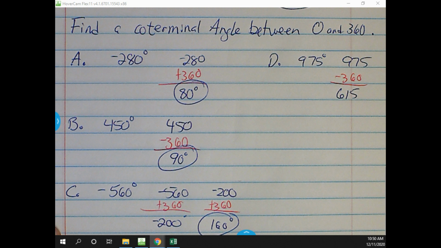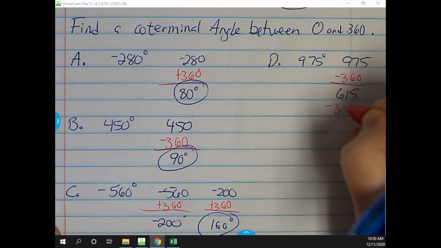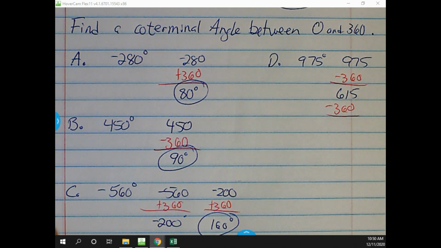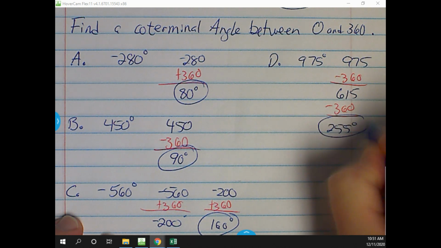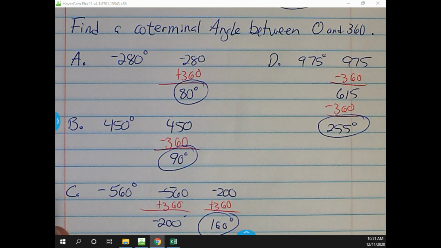It's not between 0 and 360, so we'll do it again. That comes out to be 255, and that is between 0 and 360, so then we're good to go. Again, if that had been like 455, just keep subtracting 360 till eventually it comes up between 0 and 360.